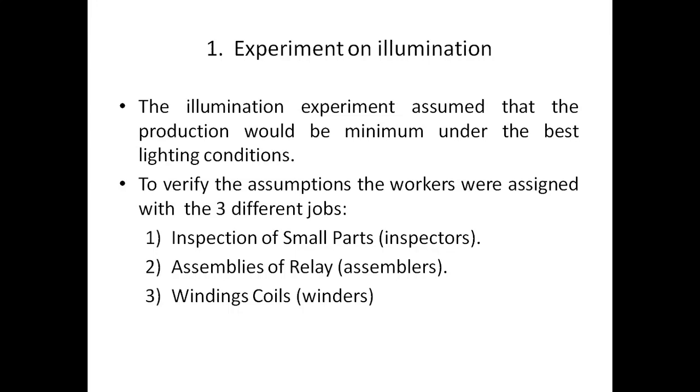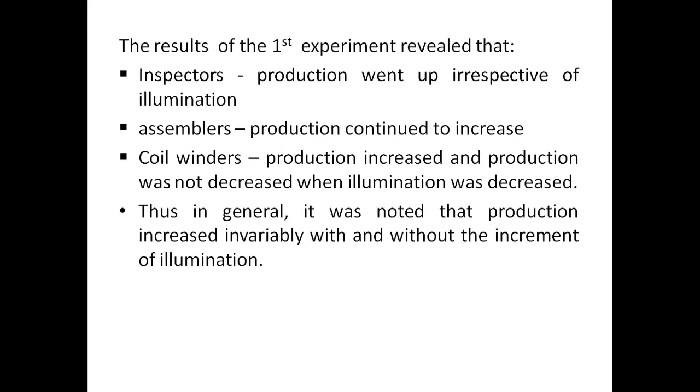And the third type of job was winding the coils; the workers were considered winders. Production in these jobs was measured carefully under 4 controlled conditions, which varied from low to high intensity of elimination to find out the relation between efficiency and elimination.